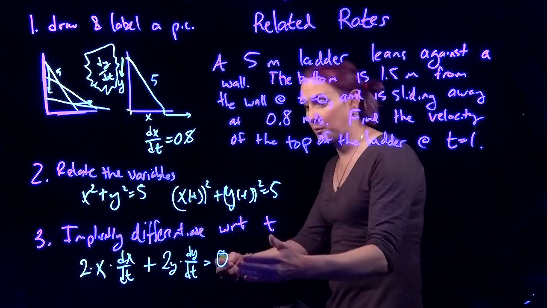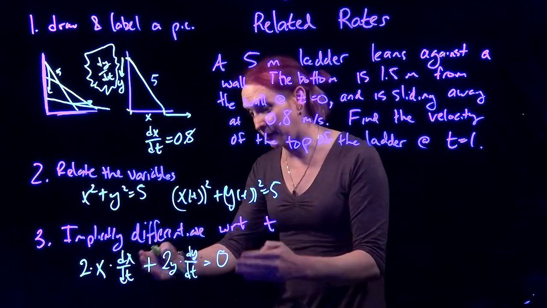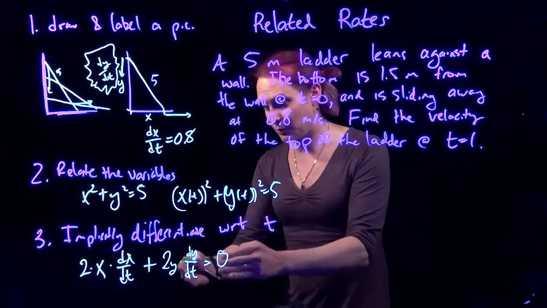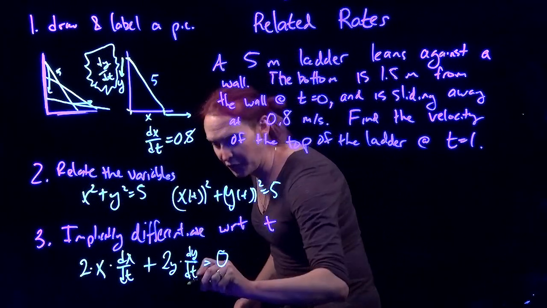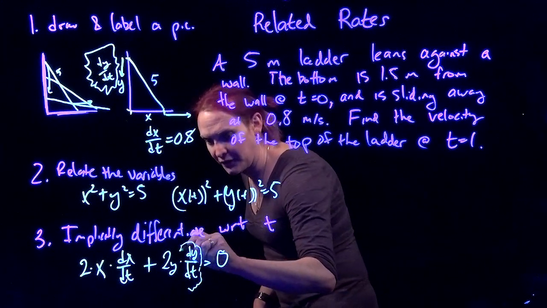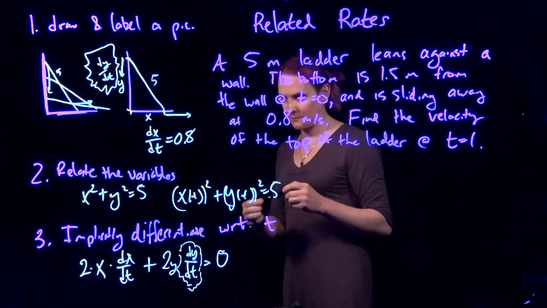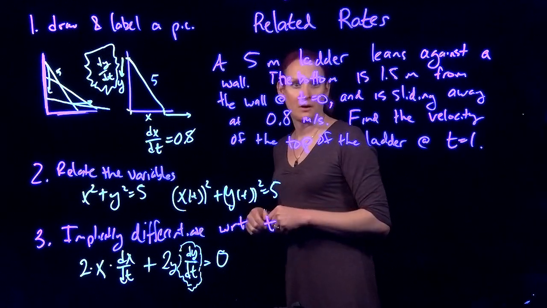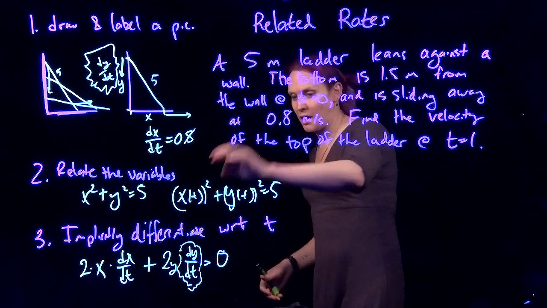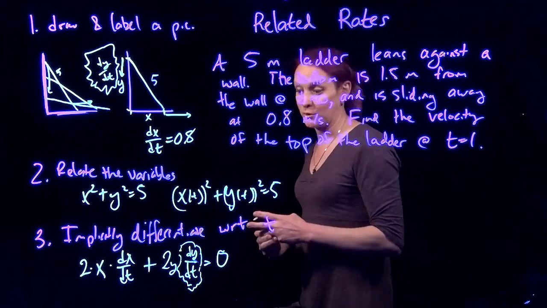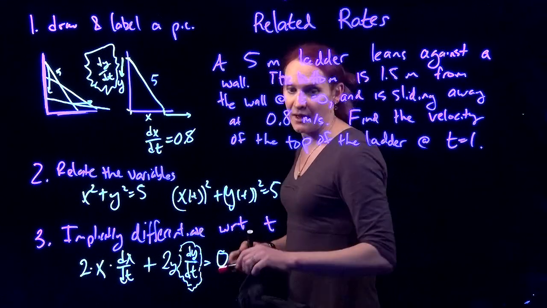So now I have a relationship that couples together x, y, dx/dt, dy/dt, which is going to be awesome. And to remind ourselves, what's the thing that I want? I want to know that thing. Okay, so now we implicitly differentiate. We've identified our objective, and then we're going to use the things that we know and solve.